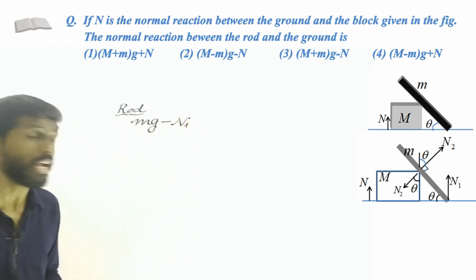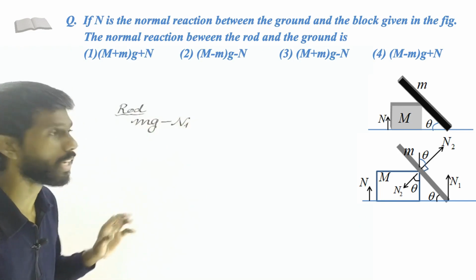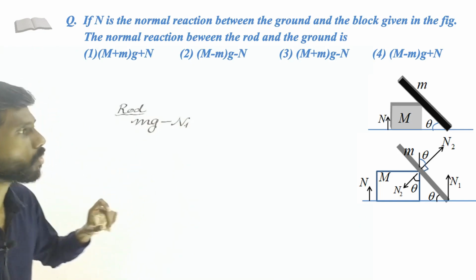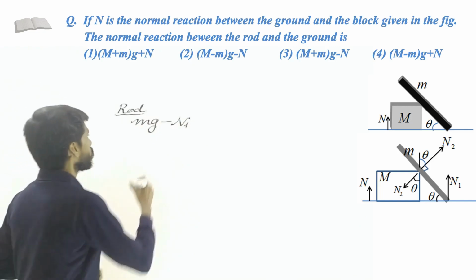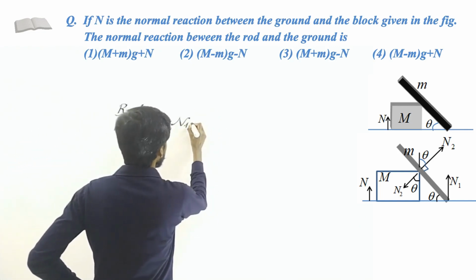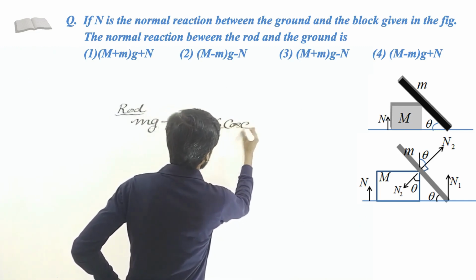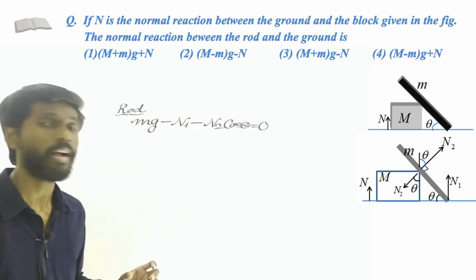Also the component of the normal N2 in the vertical direction is in the vertically upward direction, making angle theta, so the component is cos theta. So in the upward direction, that means minus N2 cos theta. This is the total force, so that must be equal to 0. So this is the equation for the rod.